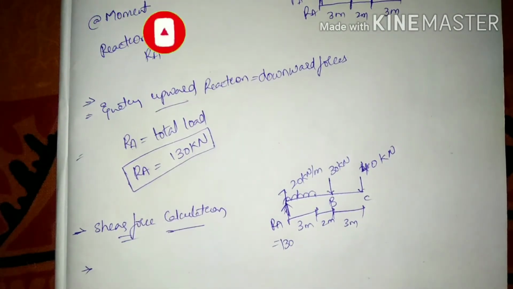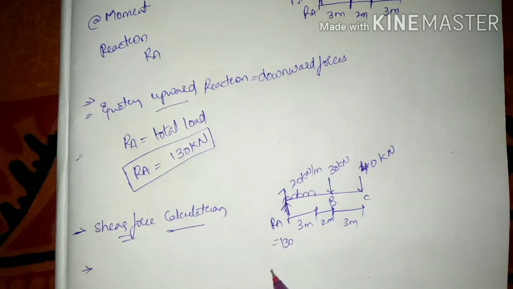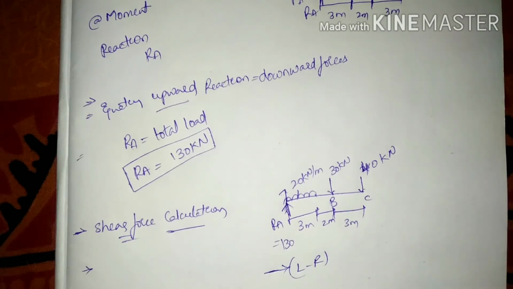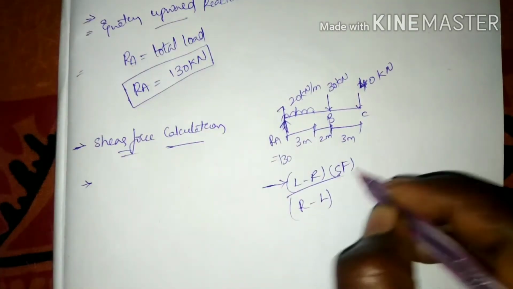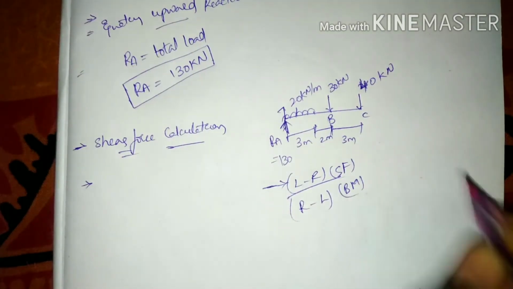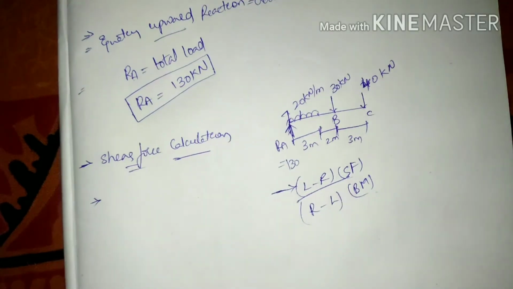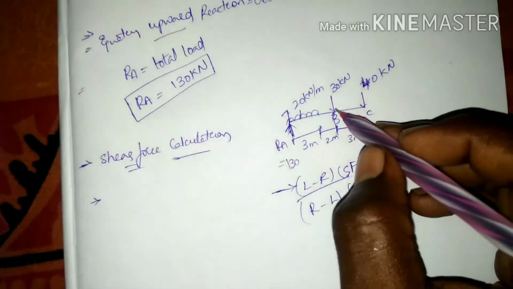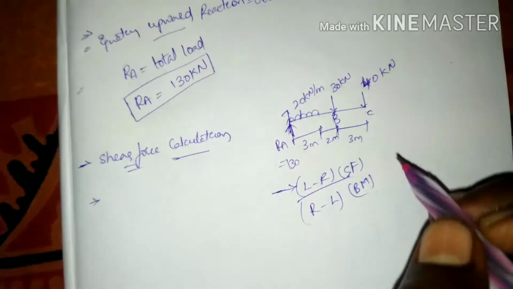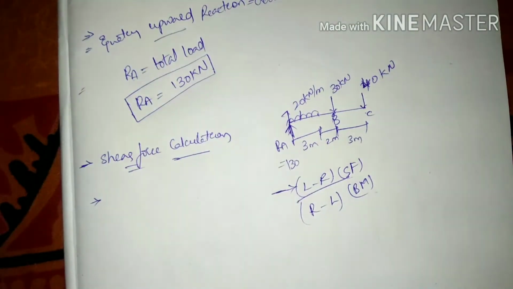While calculating the shear force, take the forces from left to right. While taking the moment, take from right to left. Just simple to remember. This is shear force calculation. This is bending moment calculation. It is very easy to find the values at the point B and point C and point A for the shear force and bending moment.